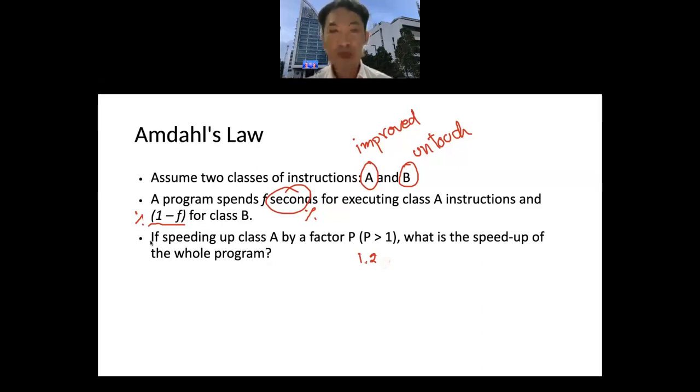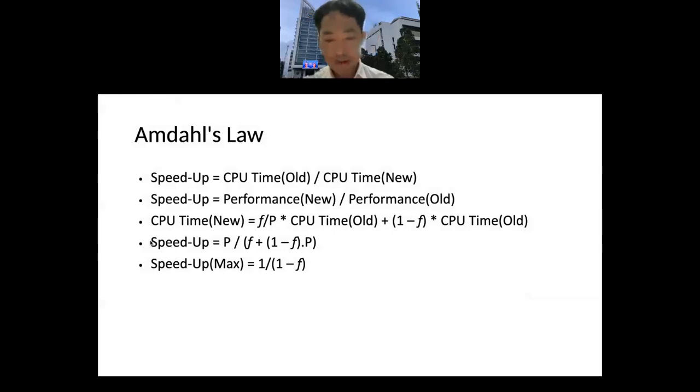And this is how we apply Amdahl's Law to answer this kind of question. So the next slide is the summary of the formula that we use to calculate the speedup. The speedup means that if we have the time of the old system, this number should be larger than this one, which is the CPU time of the new system.